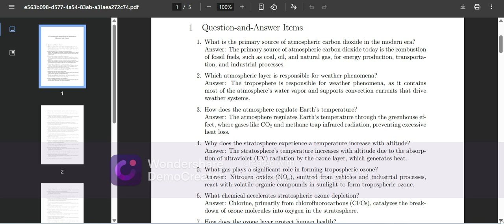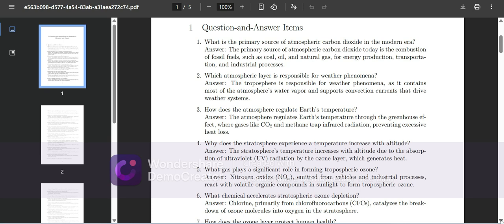Which atmospheric layer is responsible for weather phenomena? The troposphere is responsible for weather phenomena as it contains most of the atmosphere's water vapor and supports convection currents that drive weather systems.